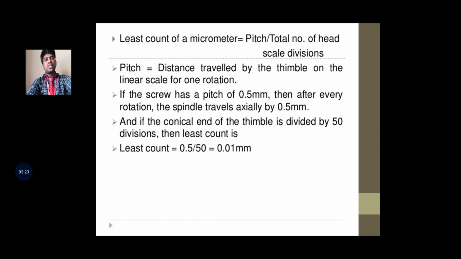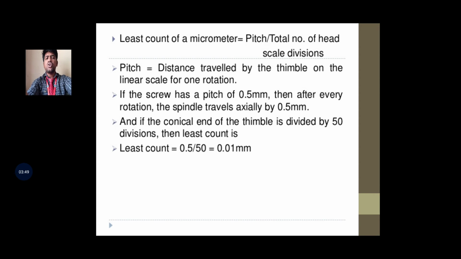The least count of the micrometer equals pitch divided by the total number of head scale divisions. Pitch equals the distance travelled by the thimble on the linear scale for one rotation. If the screw has a pitch of 0.5 mm, then after every rotation the spindle travels 0.5 mm.